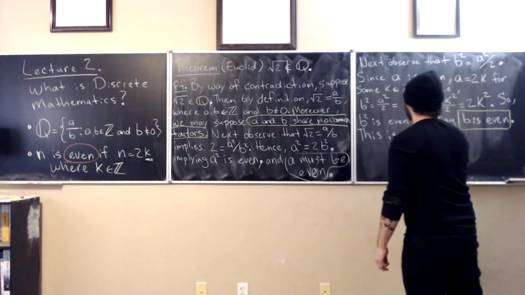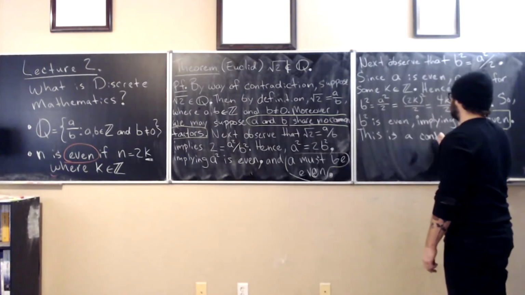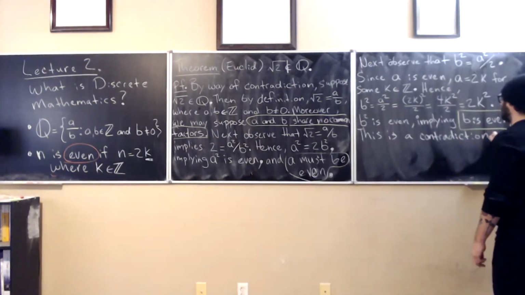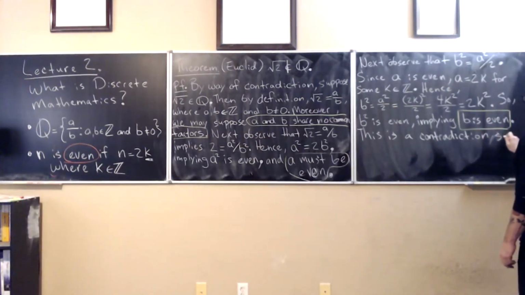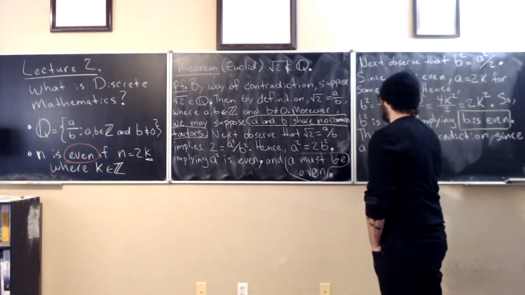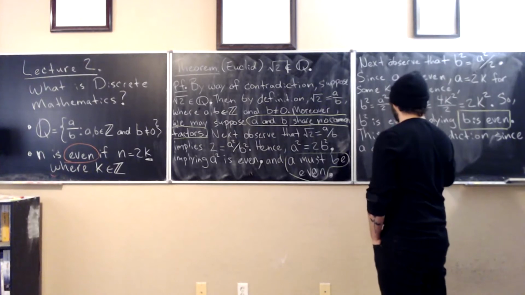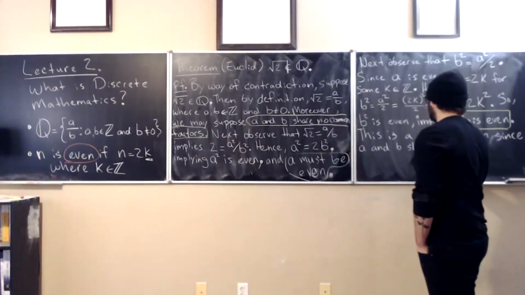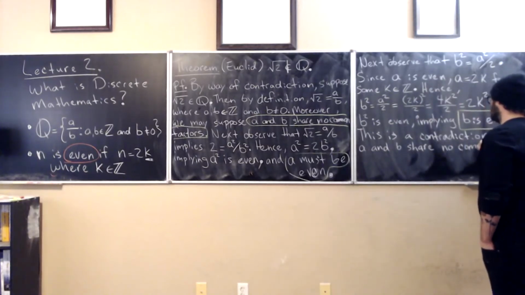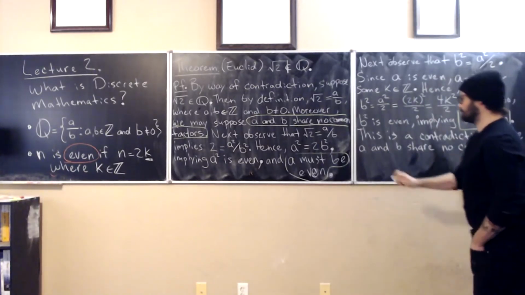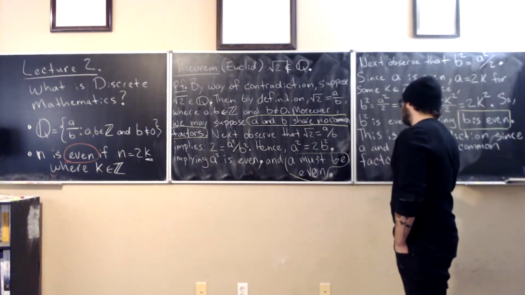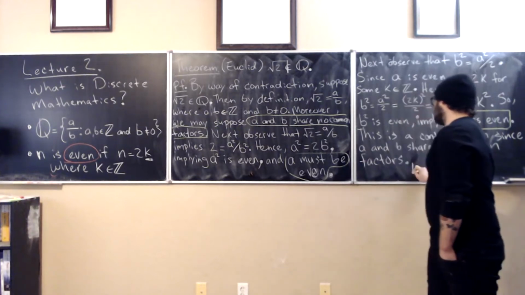This is a contradiction since a and b share no common factors. And that is the end of the proof.